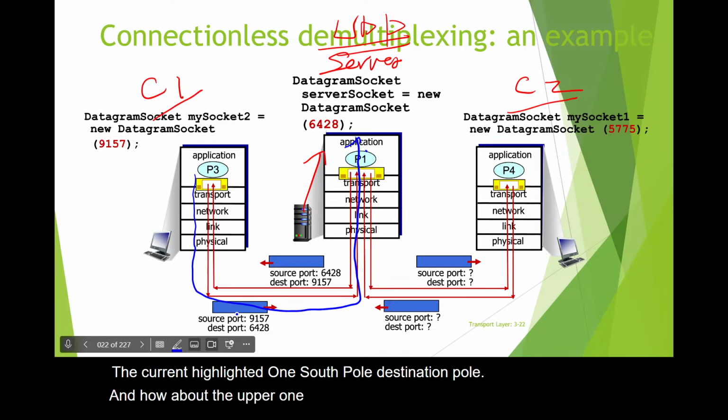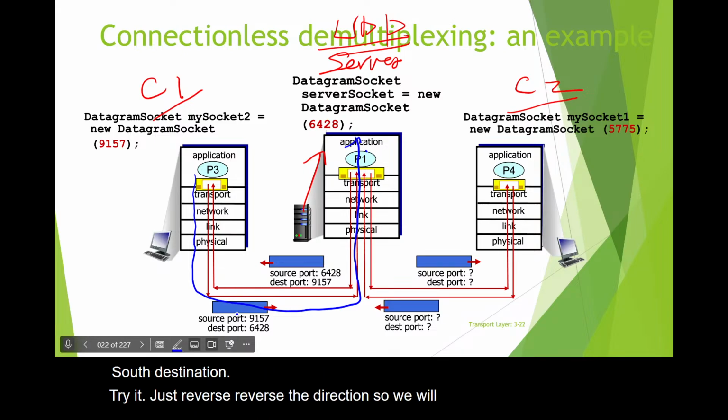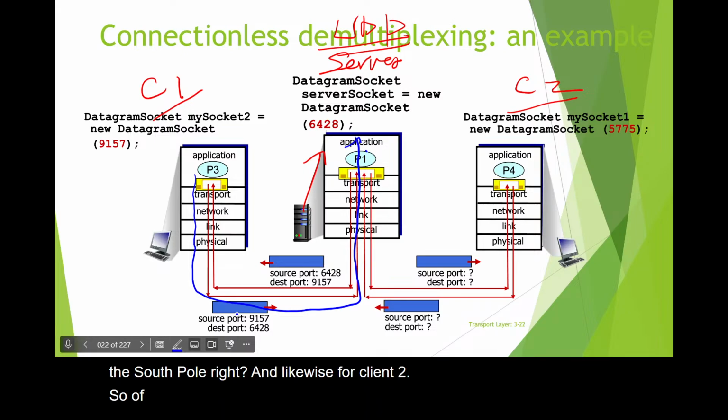Correct. Source, destination. Right, you just reverse the direction. So we will have a destination port to the source port, right? And likewise for client 2. So of course you can have the pair, and follow the previous way to have the distribution.